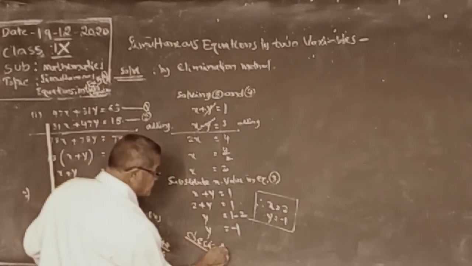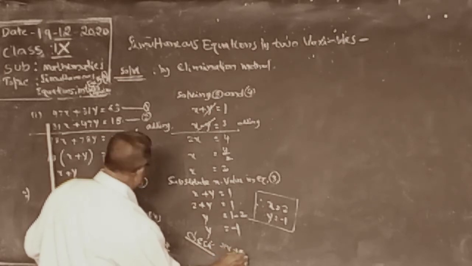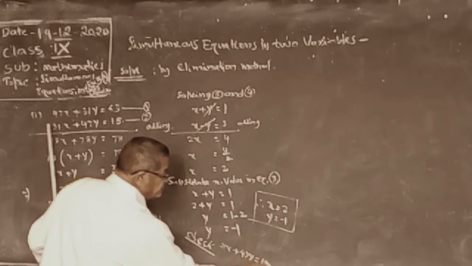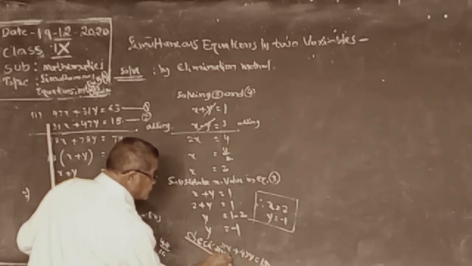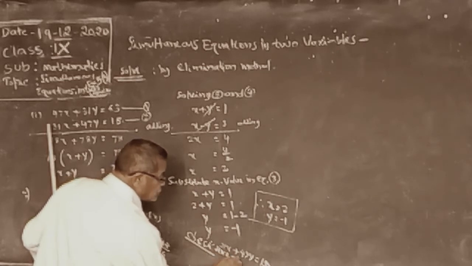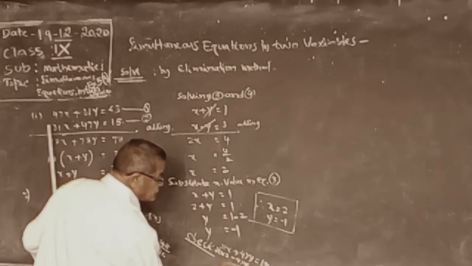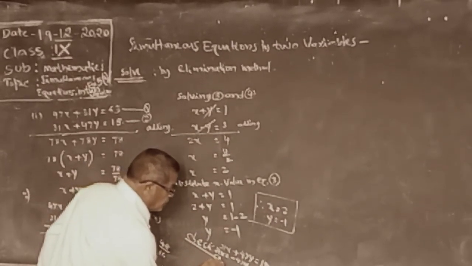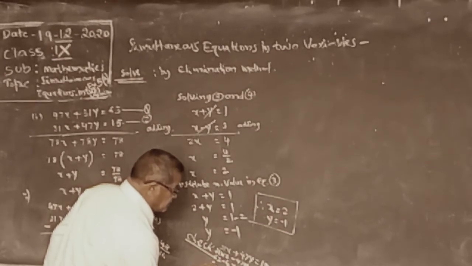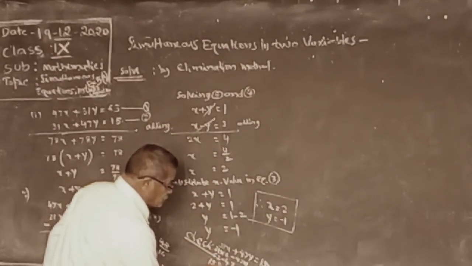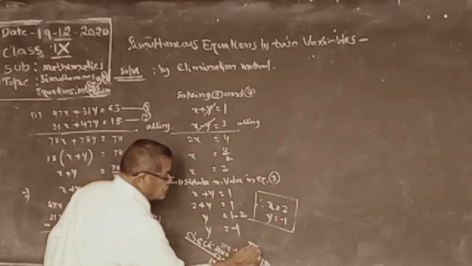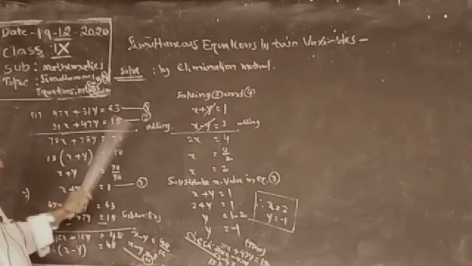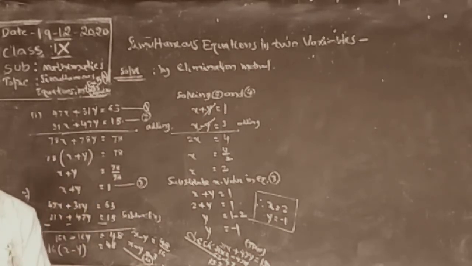Second equation: 31x plus 47y is equal to 15. 31 into 2, the x value. 47 into 1 because y is minus 1. 62 minus 47, that is 15. 15 equal to 15. True. Like this we have to check. 15 equal to 15 means LHS is equal to RHS. So these are easy.